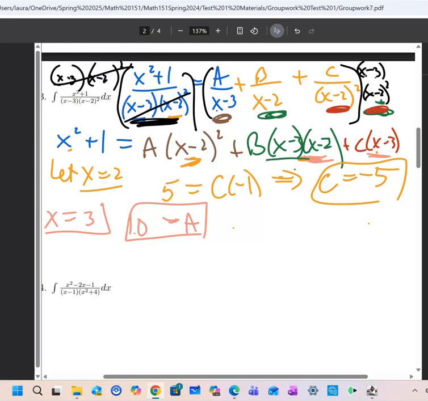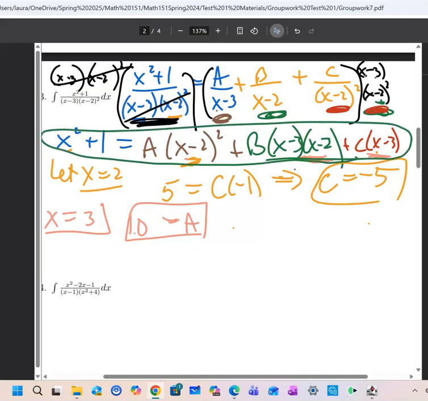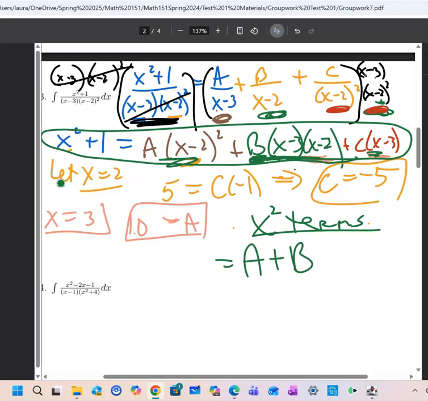So I'm going to suggest we think about multiplying it out. Maybe we don't need to multiply it all out. We're looking for B, right? I see B is in front of an x squared term. So if I'm looking at x squared terms, on the right-hand side there's no x squared there, so I get B. Oh, there'd be an x squared here, so I get A, and the x squared on the left-hand side is 1.